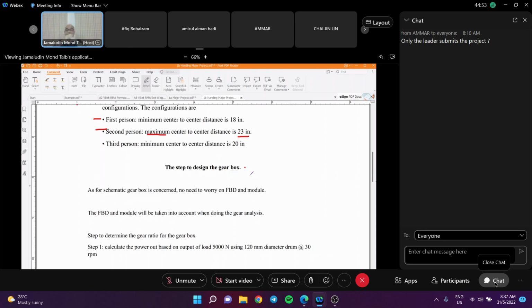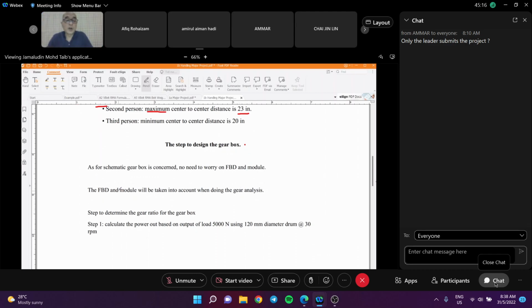The first step of designing the gearbox is to focus on the gear ratio. No need to focus on the module or the free body diagram first. Just focus on the ratio. The free body diagram and module will be taken into account while doing the analysis, in the second stage.